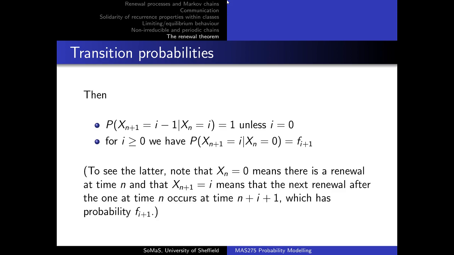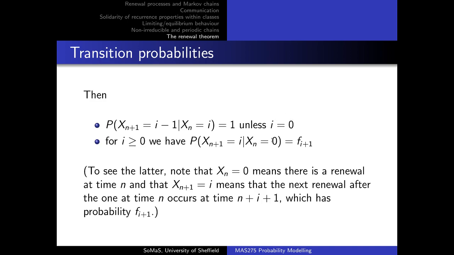So the thing about this xn, as I said, is that it either jumps high or goes down by steps of -1. So if xn is equal to a certain number i, with i different from 0, then xn+1 will always be equal to i-1. The probability of xn+1 being i-1 given xn equals i is exactly 1, except in the case where i equals 0.